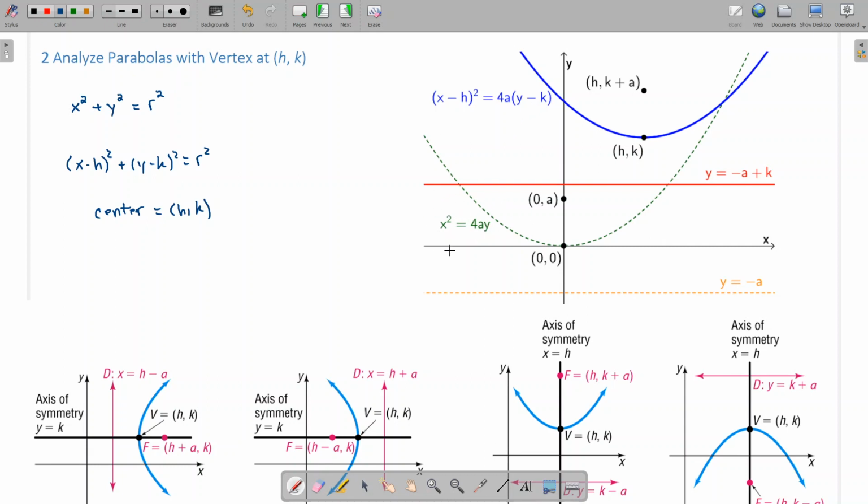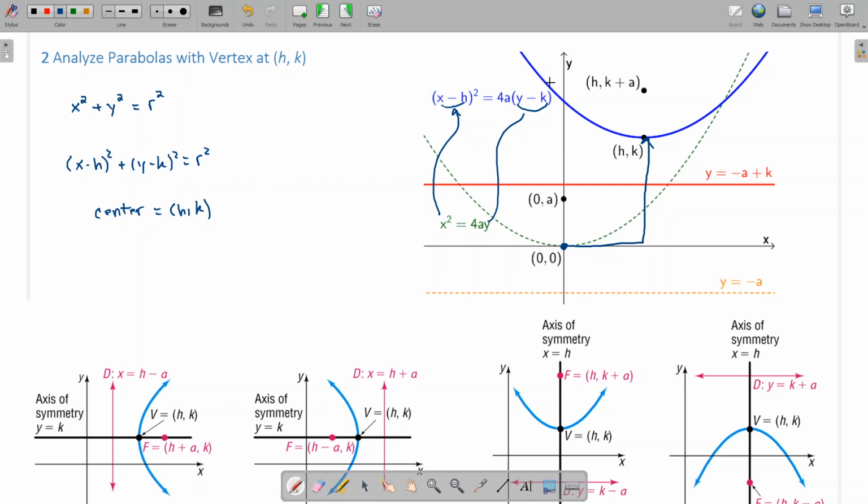So if we look at the example of a parabola opening vertically, this was the equation. And the vertex right now is (0, 0), just like the center for the circle was (0, 0). If I want to move it h units to the right and then k units up, we replace the x by x minus h, and we replace the y by y minus k in the exact same way that we did for a circle.